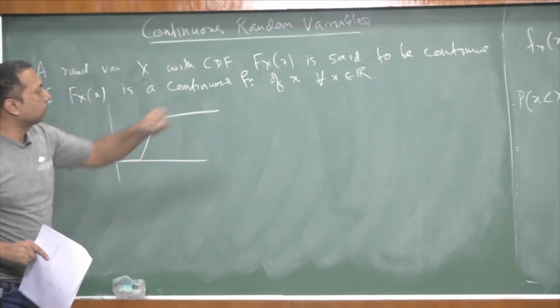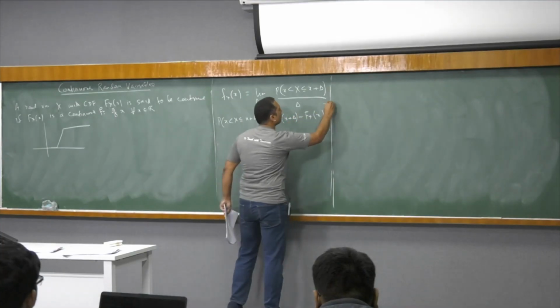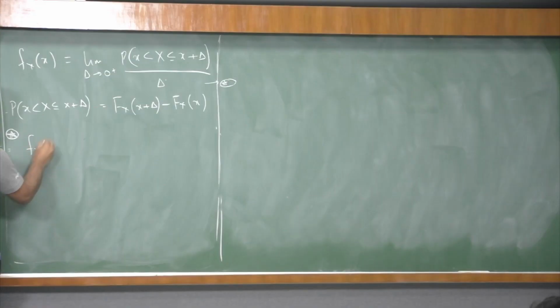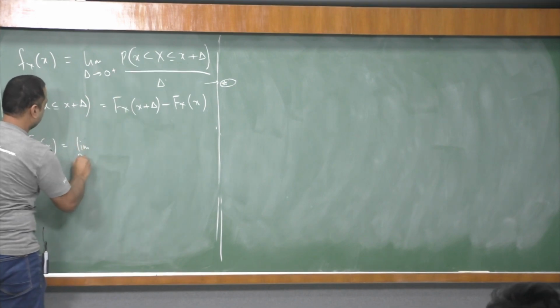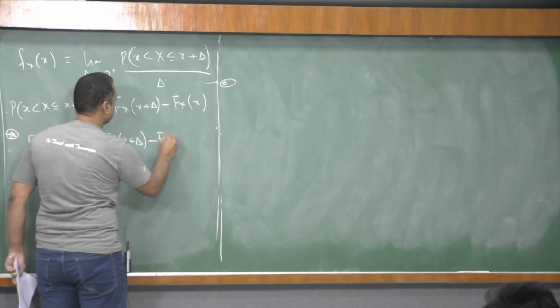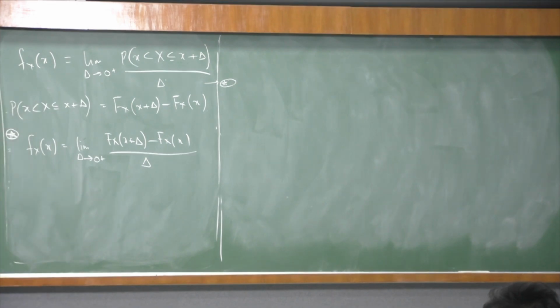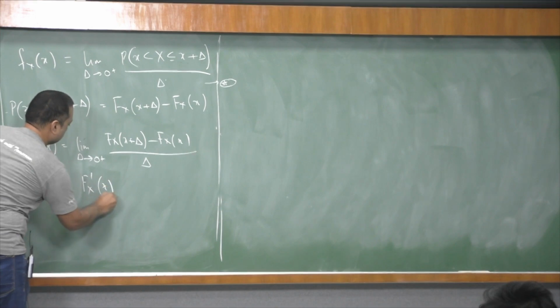If we call this star, then f_X(x) is the limit as delta tends to 0 of F_X(x plus delta) minus F_X(x) by delta. Now this is exactly the meaning of the derivative of the F_X function, right? So this is nothing but the derivative of F_X at x.